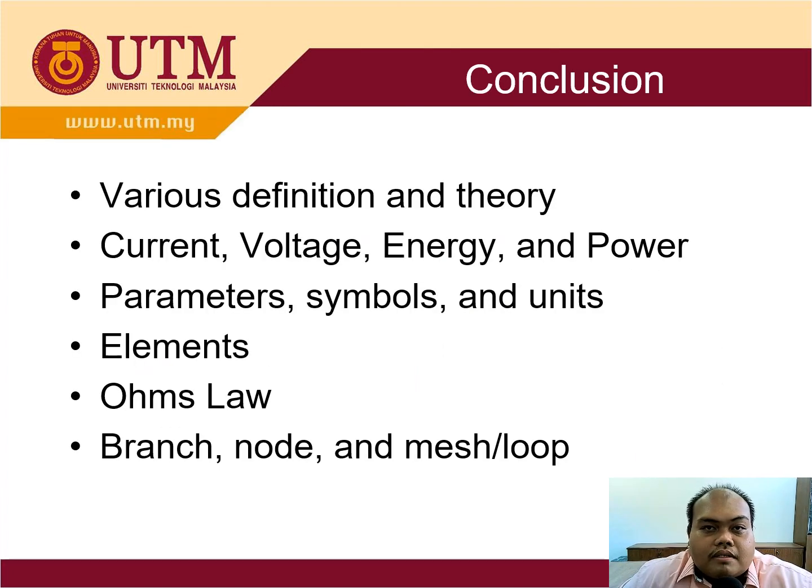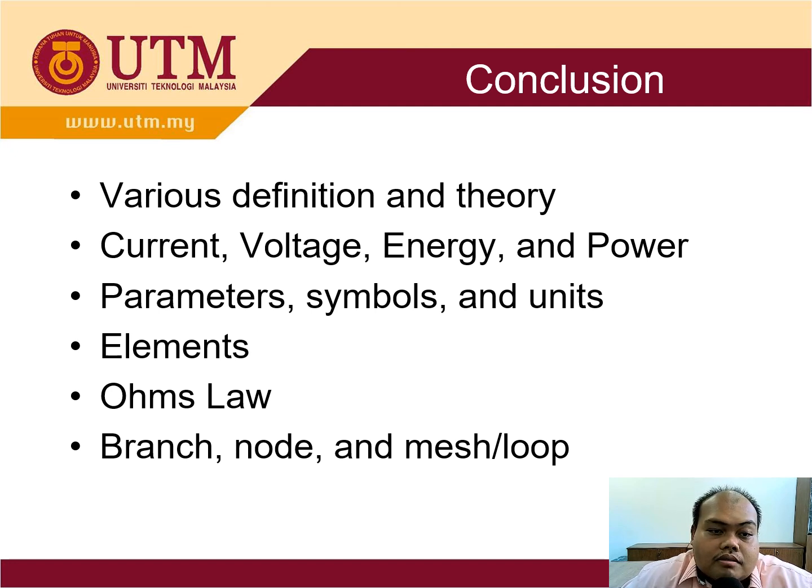We have finished the first part of the class for chapter 1, so we can conclude that there are various definitions and theories you need to memorize. Then you were introduced to current and voltage, how the direction of the current is defined, how the voltage is defined, how the energy is calculated, and how the power is calculated. There are 3 equations for power.